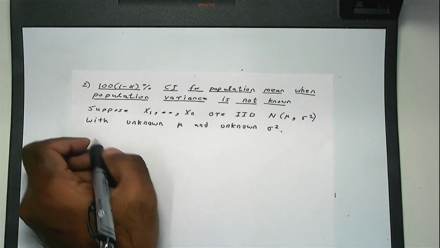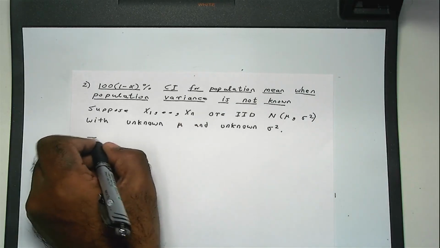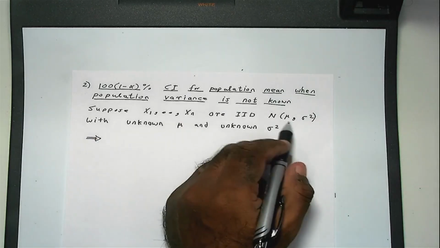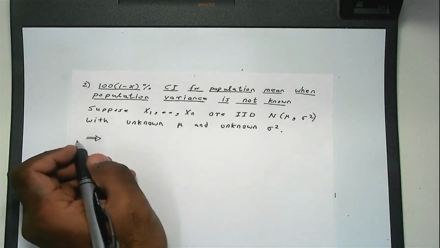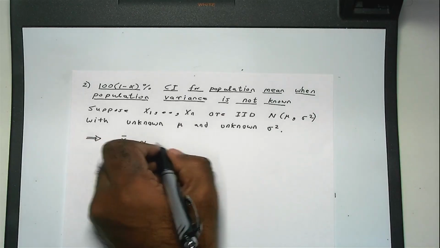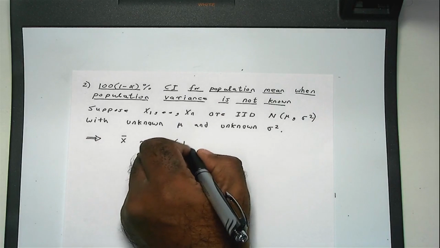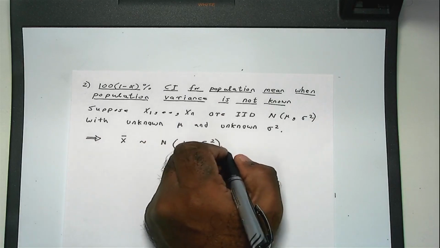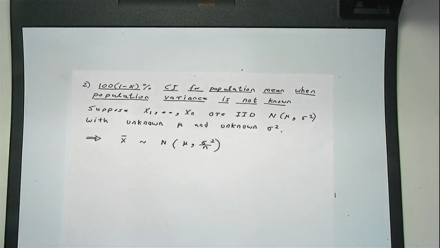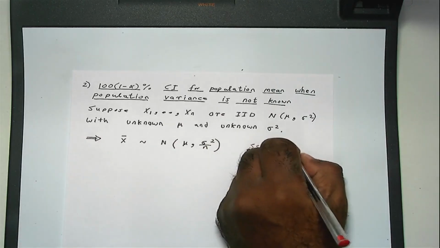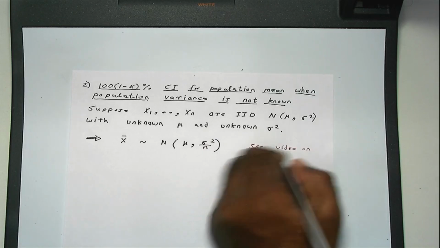The first thing you must realize is that you have a random sample from this, just like I did in the previous case. The sample mean must have a normal distribution with these parameters. So this is from the video on normal.